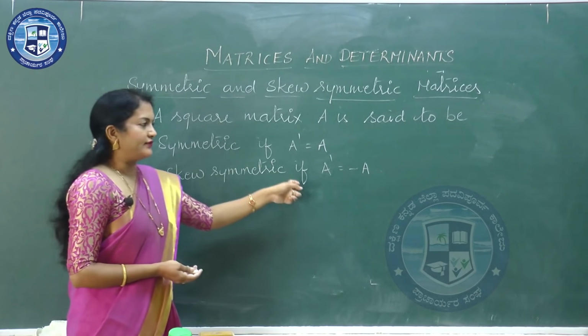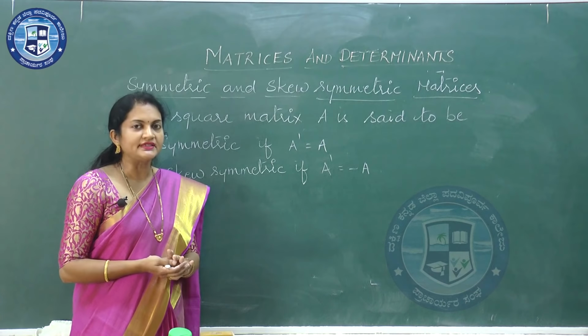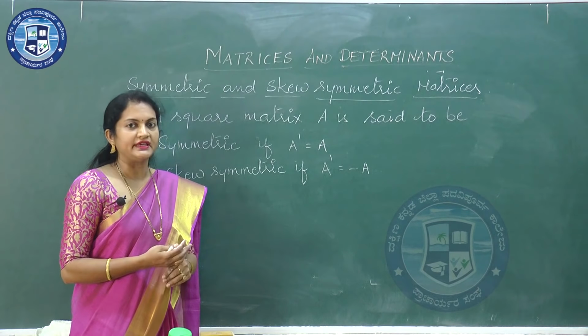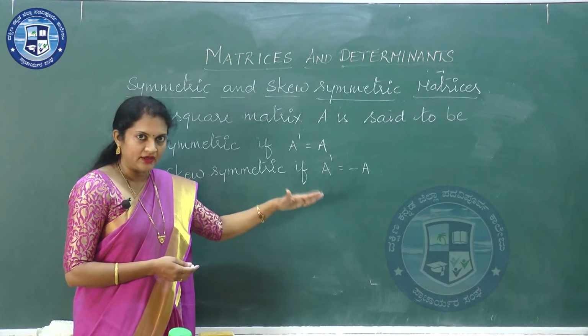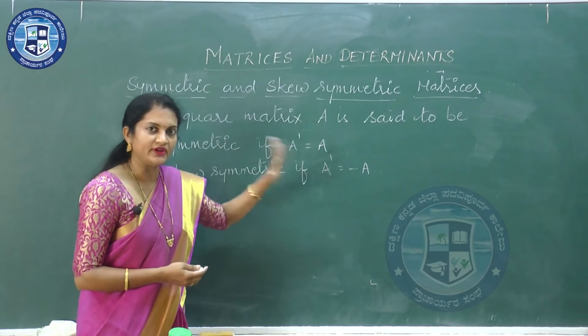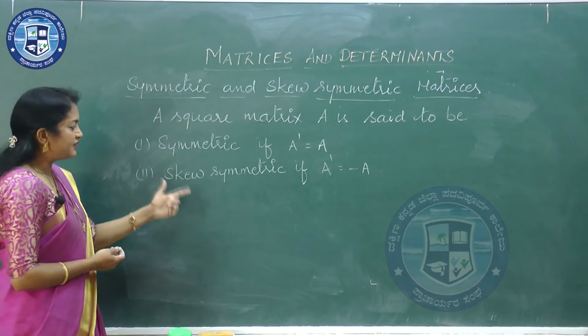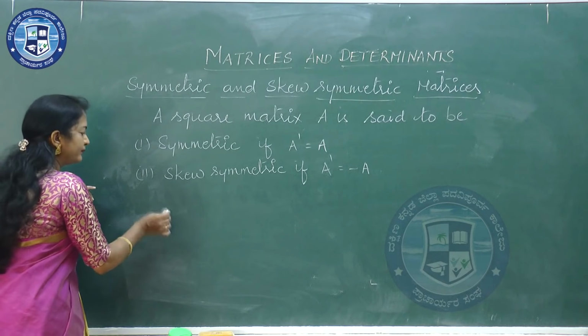Skew symmetric means if you transpose a matrix, the resulting matrix is the negative of the original matrix, then we say it is a skew symmetric matrix. You can understand this by observing some examples.